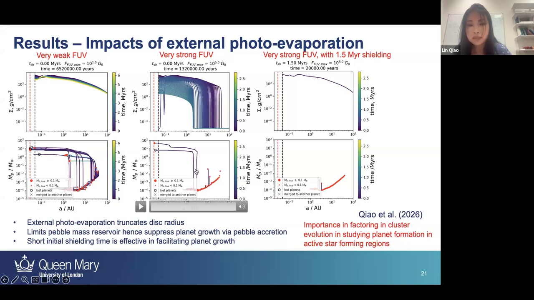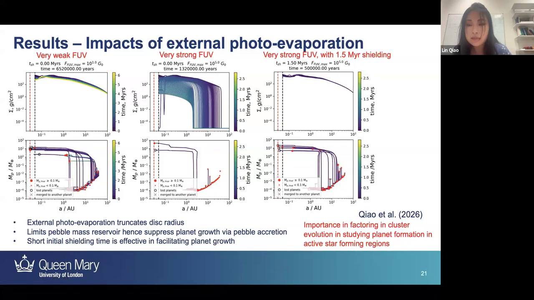Now the right-hand side panel shows again the planet formation in the same disk, but in this case the disk is subject to the same level of radiation of 10^5 G0 as the middle panel, but initially shielded for about 1.5 million years.